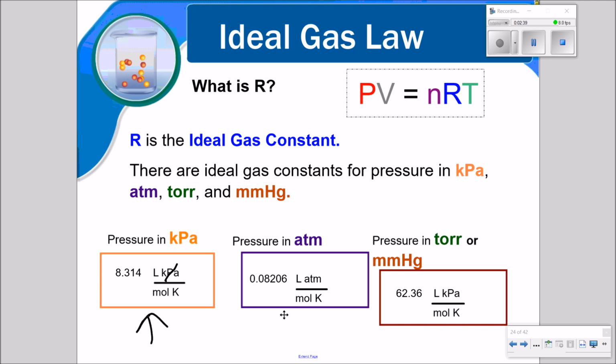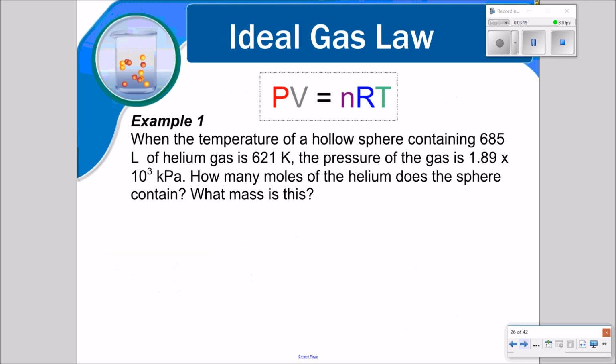If you're using atmospheres, your R value is going to be 0.08206 liters times atmospheres over moles times Kelvin. And if you're using torr or millimeters of mercury, your value is going to be 62.36. And all of these values are taken directly off your reference chart. You'll have your reference chart on quizzes and tests, so you won't have to memorize these numbers.